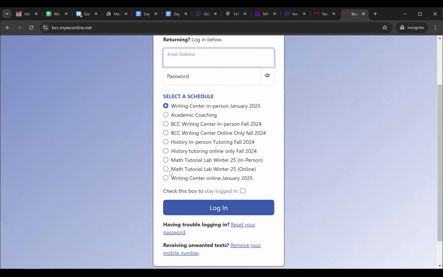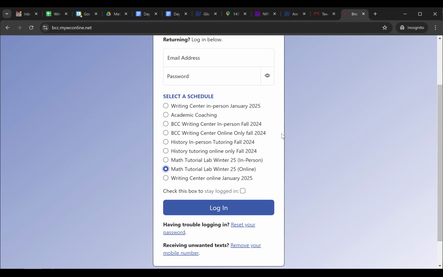If you want to do online, you click where it says Math Tutorial Lab, Winter 25 online, and then you log in, and you're gonna see a schedule come up. You just pick the time that works for you, and you book the tutor, and that's it. They're gonna send you an email to confirm your appointment. Inside of that email is a Zoom link, and the Zoom link will take you to the online tutoring suite.